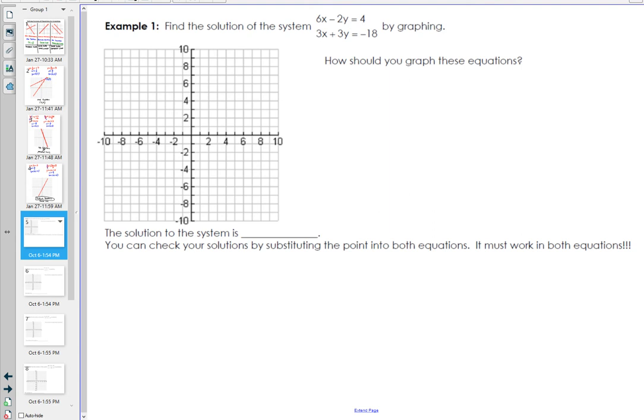Wait, I got it. No, I got it first. The solution is one intersection. You did not even say the solution. It's one selection.